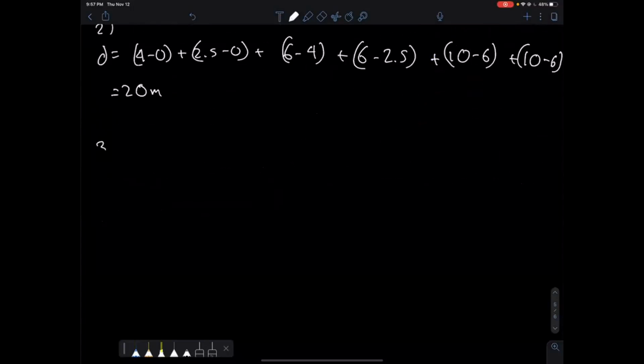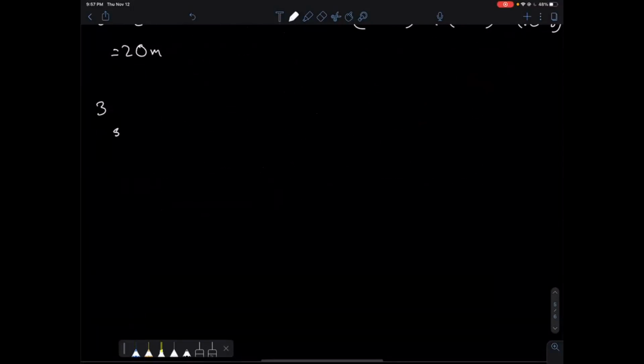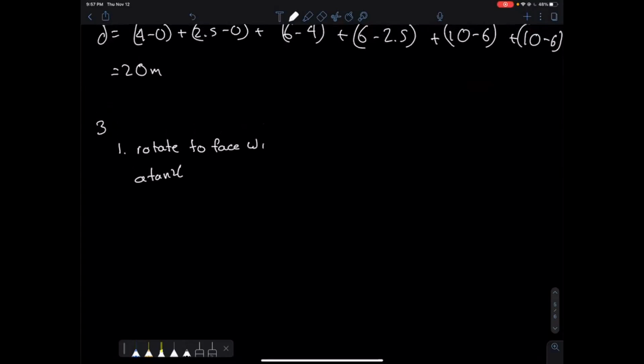We just do, all right. So step 1 is going to be rotate to face W1, right? So for W1, you do the tangent of the y's over the x's. Technically you do atan2 of y over x, and that's going to be 2.5 comma 4.